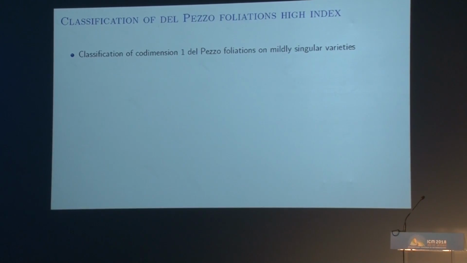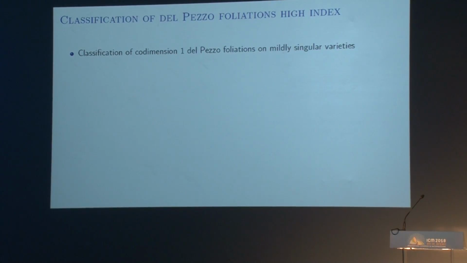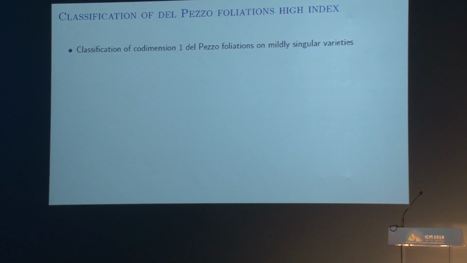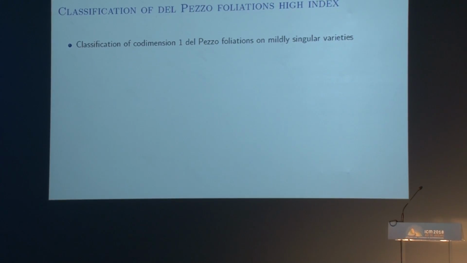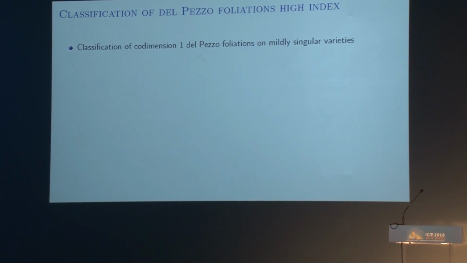So we actually have a classification of codimension 1 del Pezzo foliations on some mildly singular varieties. If you impose some restrictions on the singularities, we obtain the same classification as before, but allowing for one more case, which is a cone over a surface, something that's very well understood.